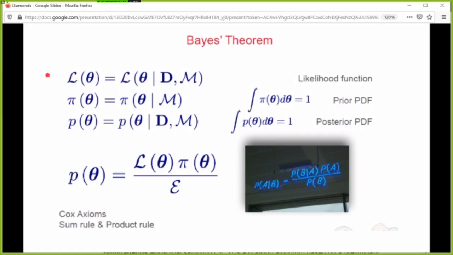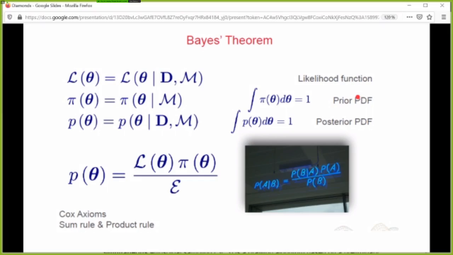Another important concept is the notion of prior probability density function. So here, this is the probability randomly guessed. It's called a priori guess, that a given set of parameters theta will make the model best fit our data set.